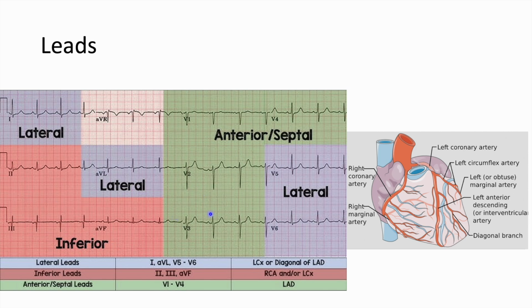When you see infarction in your anterior or anterior septal leads, you want to be thinking of your left anterior descending, the LAD. And when you see infarction of the lateral leads, that's going to make you want to think about your left circumflex artery. And so that's generally how you want to think of it. This is particularly important for infarctions.